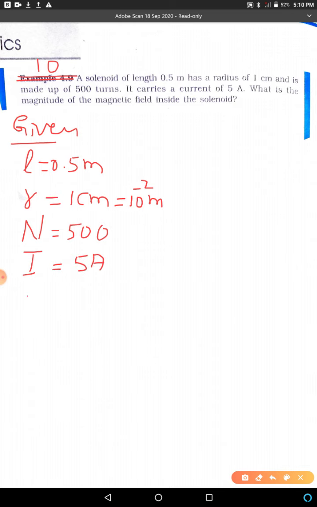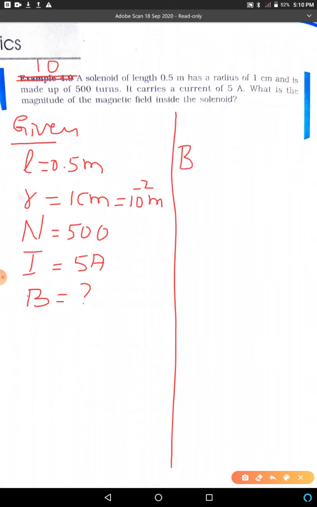The question is, what is the magnetic field at the center of the solenoid? You know the expression for the magnetic field of a solenoid. The magnetic field inside the solenoid is equal to mu naught n I. You know mu naught, you know I, but what is n? n is the number of turns per unit length.